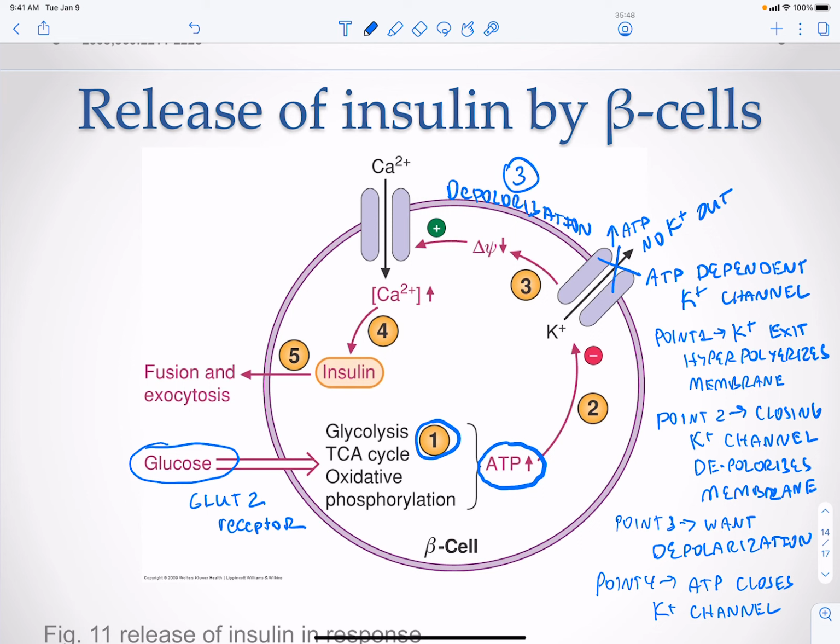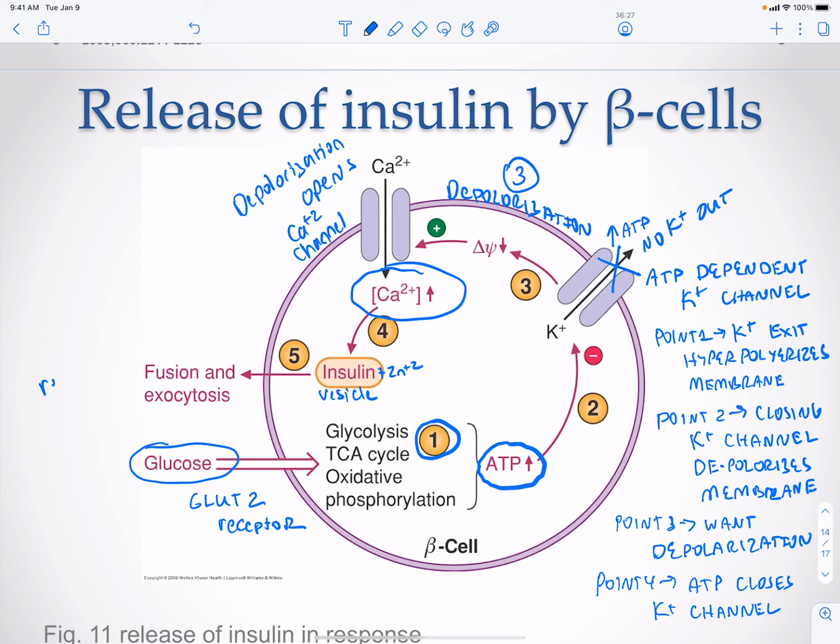And this is going to lead to an open calcium channel, and you get an influx of calcium. And so now you have your insulin, which is in a vesicle with our zinc. And our insulin with zinc will then be recruited to the surface of the membrane, and it's going to exocytose and release insulin.